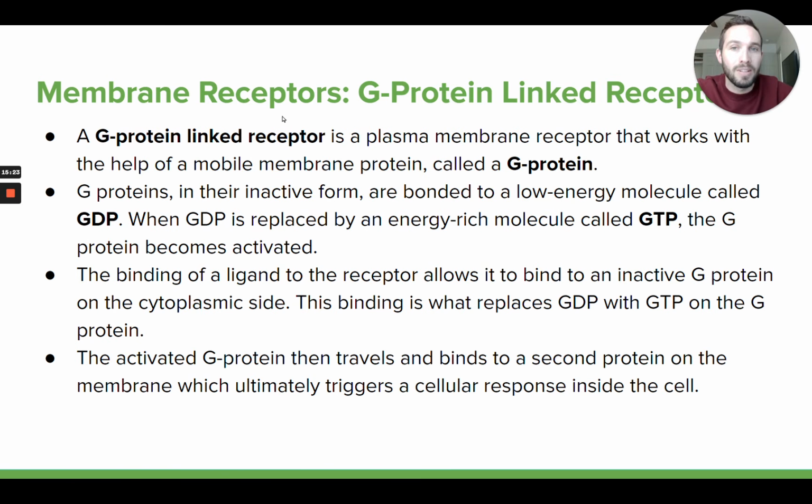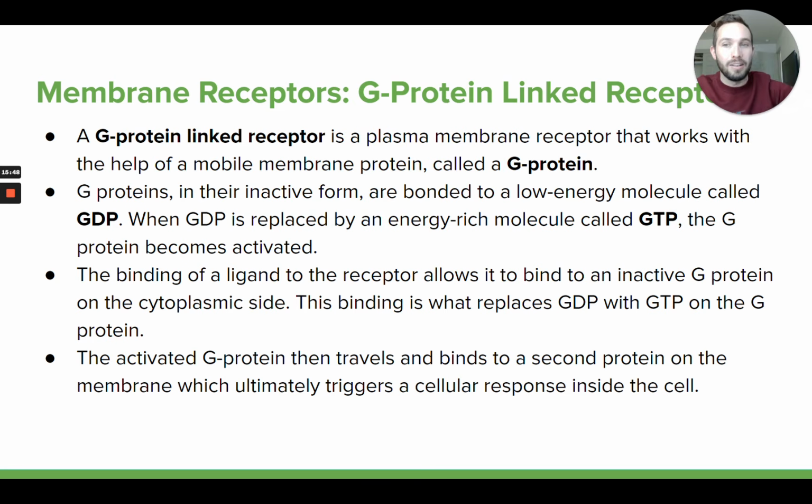These are protein receptors embedded on the cell membrane, and they're called G protein linked receptors. These are actually super common. They're probably one of the most common types of receptor proteins that we see in examples that come up in class. They're very common among eukaryotic organisms, like our cells and other types of eukaryotes.